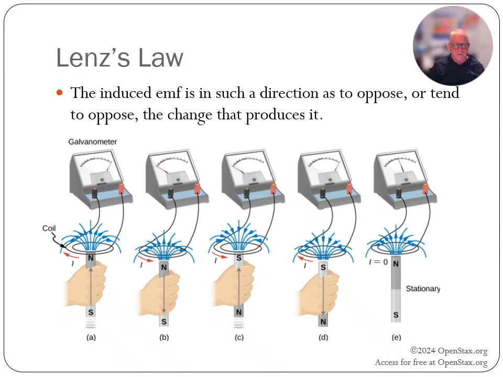And this one, in example C as it's shown here, you note that now the south end of the magnet is pointing towards the loop. Now, magnetic fields point towards south, so the direction of the existing magnetic field is down. It's going down towards the magnet, not up and away from it.